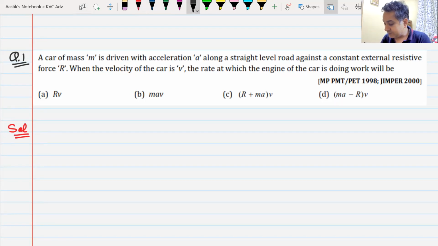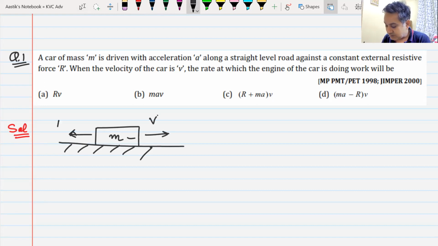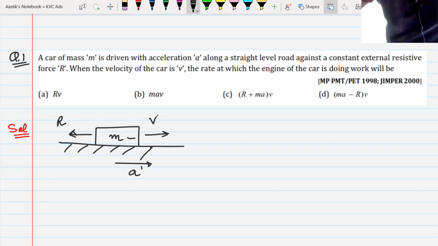If you draw the diagram, what is happening here? This is the block of mass m. It is moving with a velocity v. It has a resistive force r. It has an acceleration a.